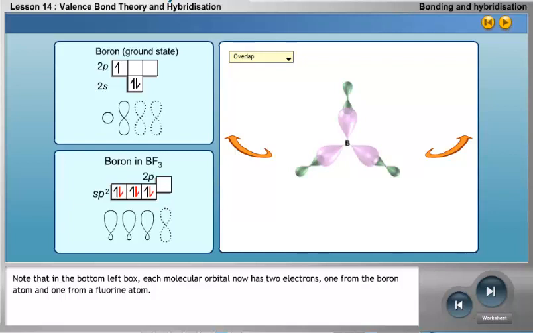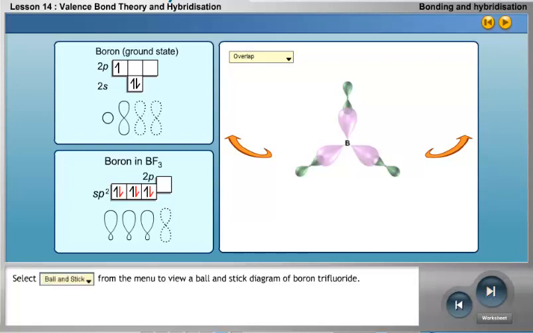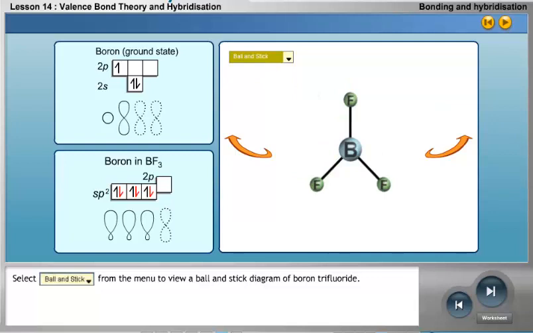Note that in the bottom left box, each molecular orbital now has 2 electrons, one from the boron atom and one from a fluorine atom. Select ball and stick from the menu to view a ball and stick diagram of boron trifluoride.